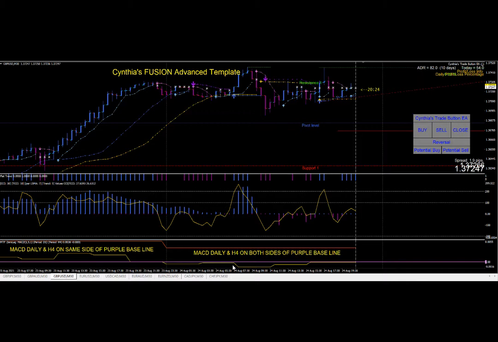And so you can see that at 5 p.m. Eastern yesterday, the 4-hour yellow trend line crossed below the purple baseline, and that meant that the new trading day starting after 5 p.m. Eastern, which is the Asian session or Tokyo session, we were going to be seeing not a clear trend in this chart, which happens to be the pound US dollar in a 30-minute chart.